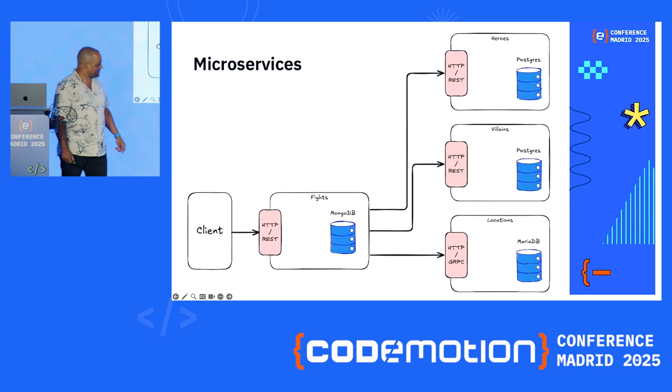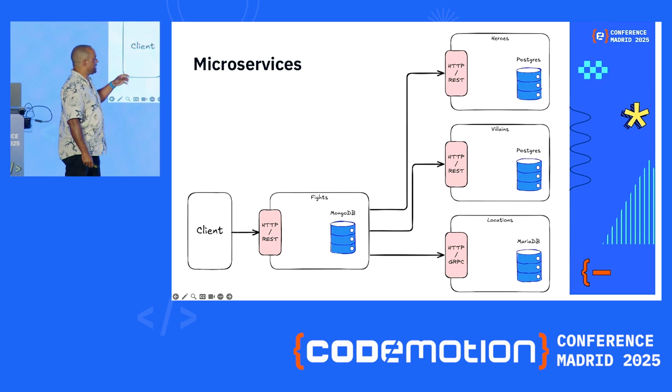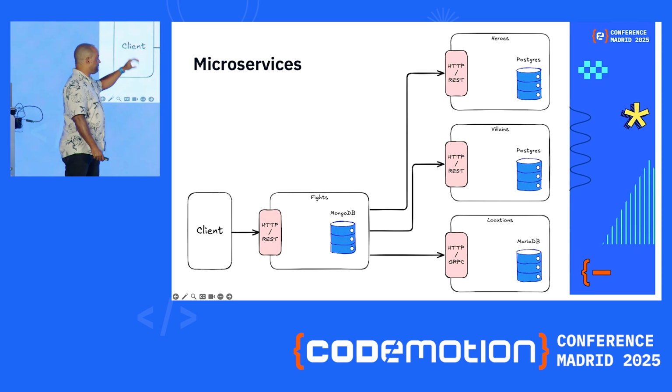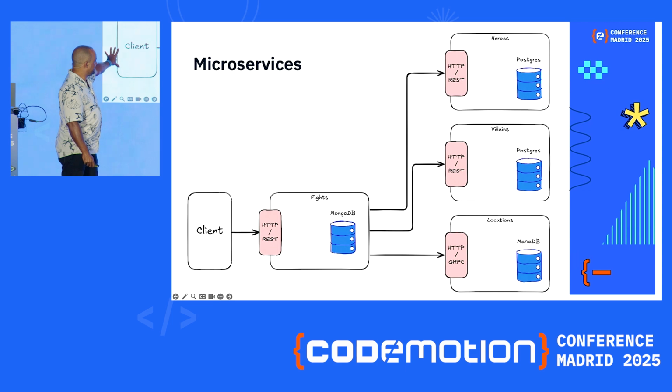So let's have a talk about microservices. This is a typical microservice-y thing. It's an example I got from Quarkus. It's about heroes and villains, and they can fight. But that doesn't really matter. What happens here is we have a client that talks to a service that can perform the fights and has its own database over HTTP.